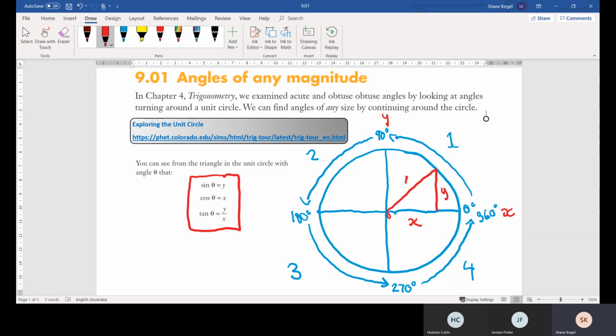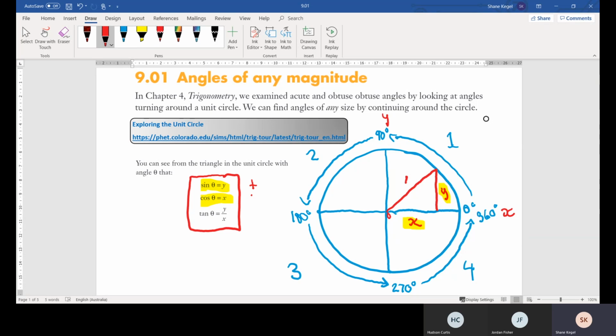So from that, in the first quadrant, if sine theta equals y, we can see that y is positive in the first quadrant. So sine is positive. If we look at cos theta equals our x value, we can see that in the first quadrant, x is positive.